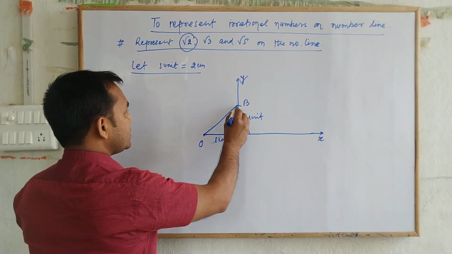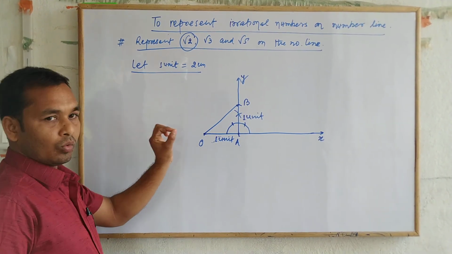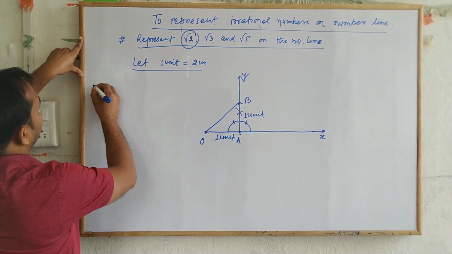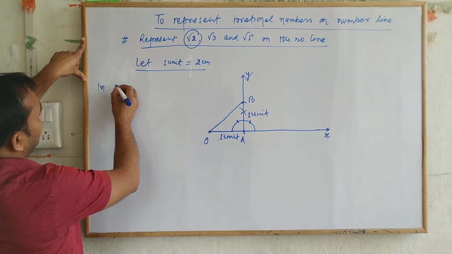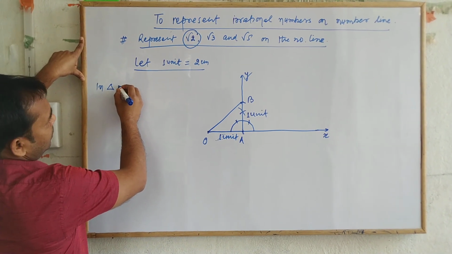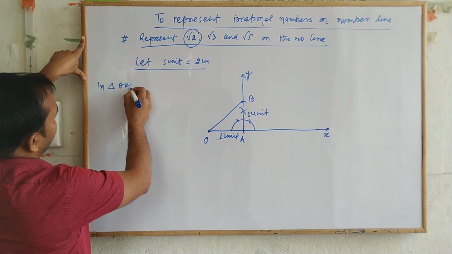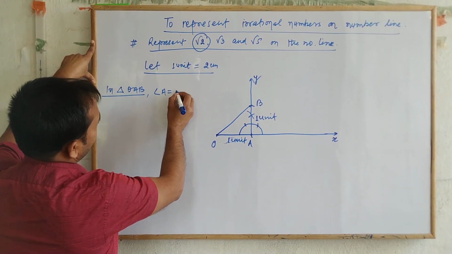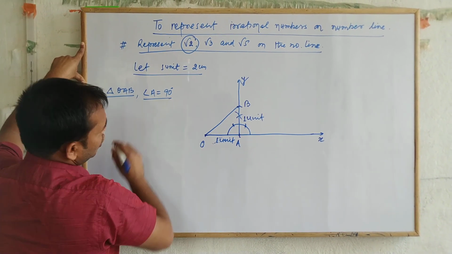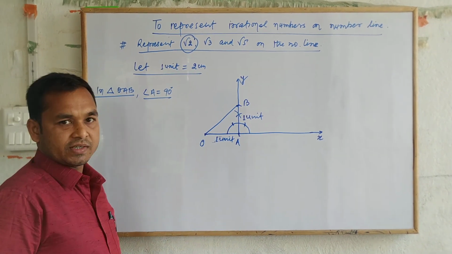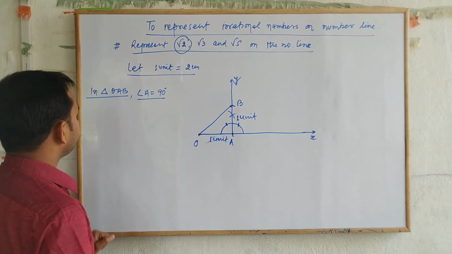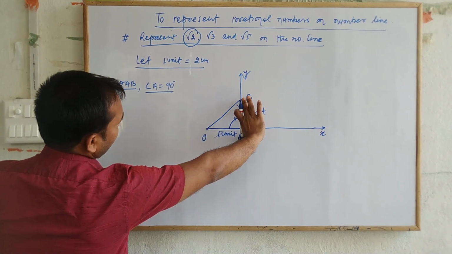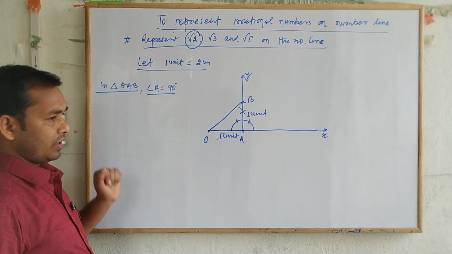Now join O to B with the help of the scale and the pencil. This is OB. Now look here, in triangle OAB, angle A is equal to 90 degree. So OAB is a right angle triangle, and OA and AB are equal to 1 unit each.